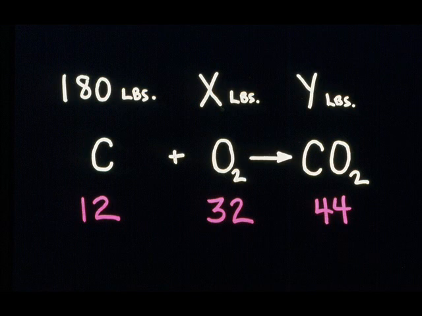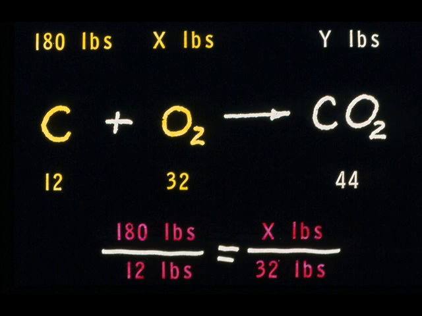We know that the molecular weight of one atom of carbon is 12, of one molecule of oxygen is 32, and one molecule of carbon dioxide is 44. Solving for X, or the amount of oxygen required to convert 180 pounds of carbon to carbon dioxide, we divide 180 pounds by 12 pounds, and that is equal to X pounds divided by 32 pounds.